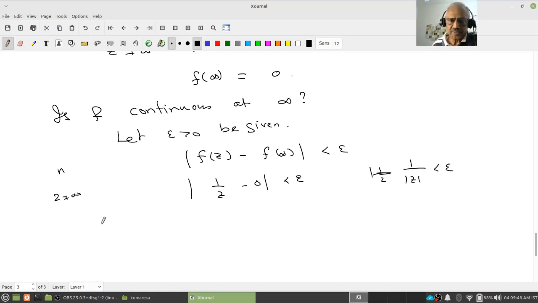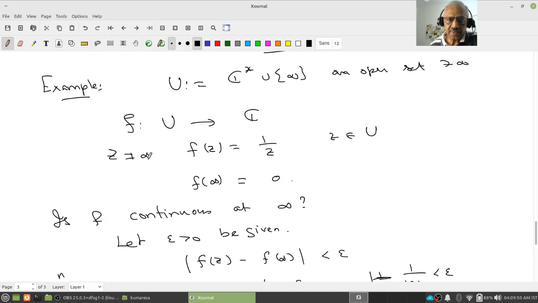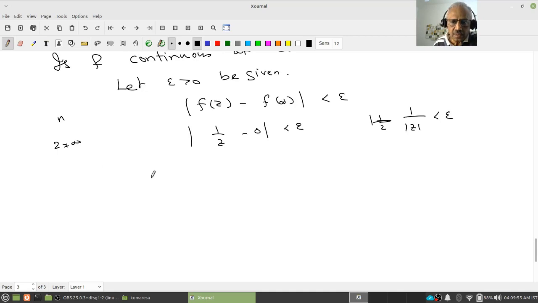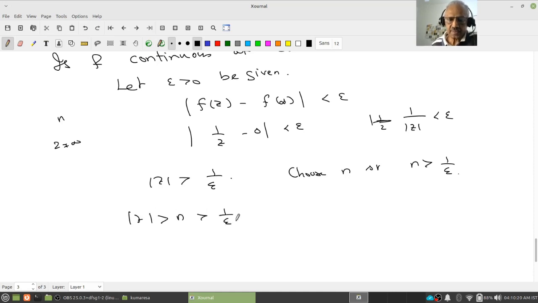Remember z is in C star, therefore that is the same as saying mod z should be greater than 1 by epsilon. So what n will I choose? By the Archimedean property, choose n so that n is greater than 1 by epsilon. Therefore mod z is greater than n, but n is greater than 1 by epsilon.